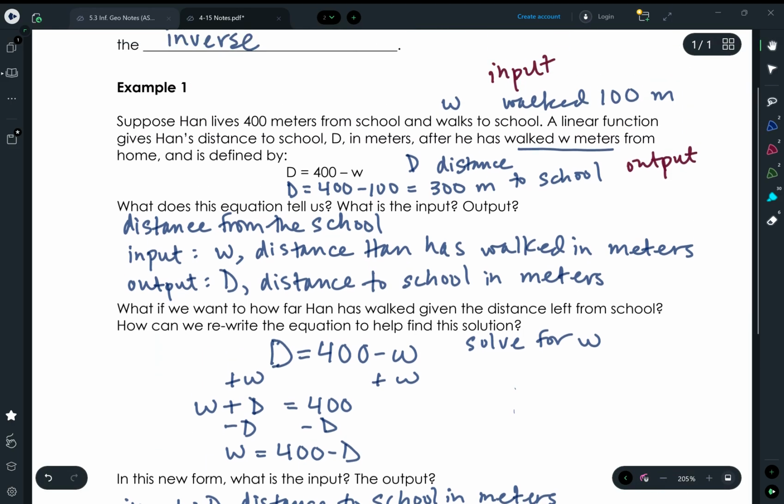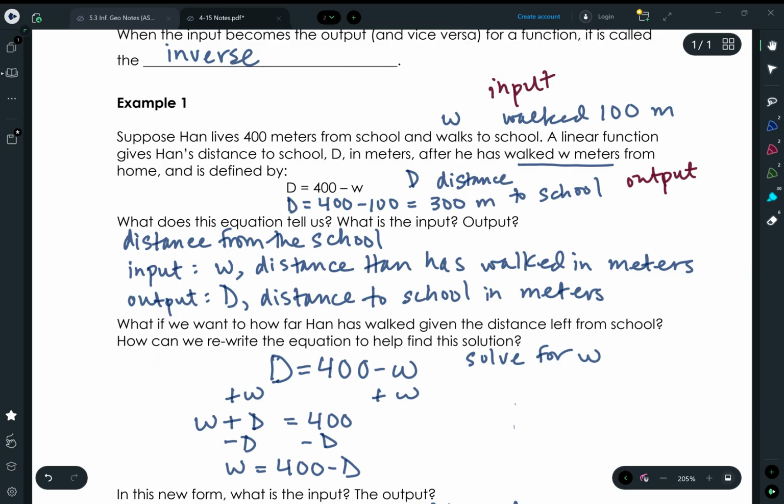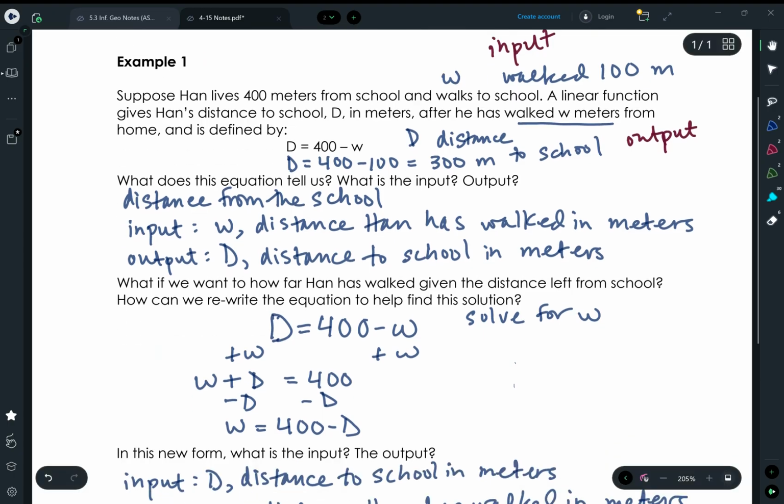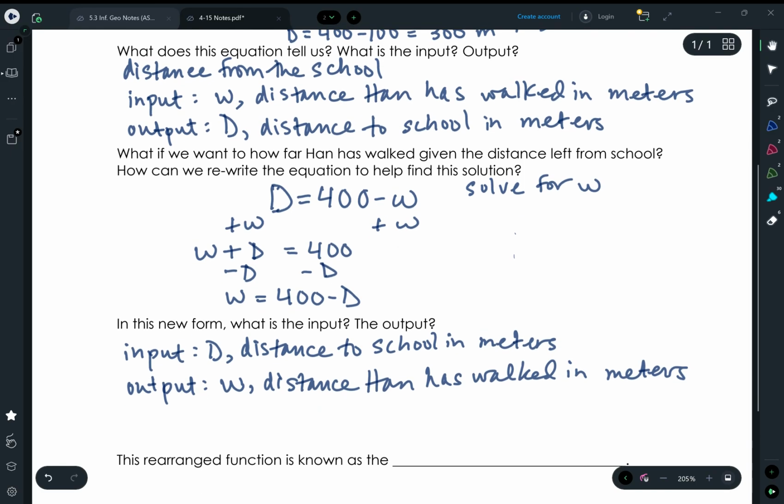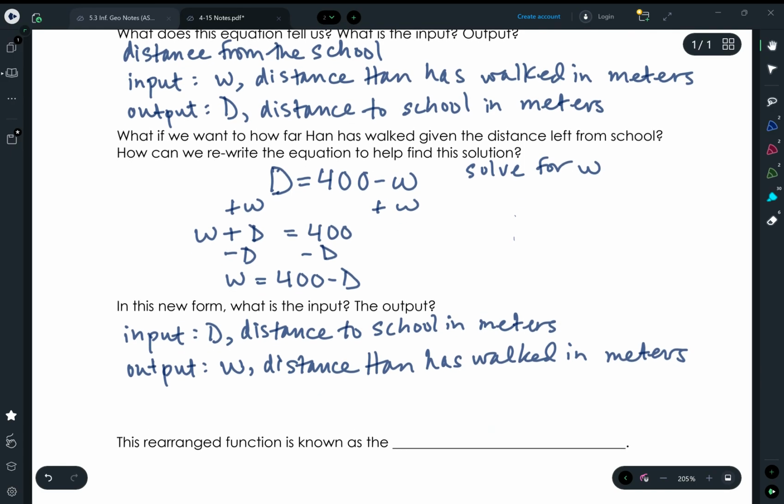So what I have done is taken this pretty simple equation with only two variables. I looked at the input and the output, and I said, wouldn't this be nice if it was solved and rearranged, so that instead of inputting W and getting D as an output, it was the other way around. So we rewrote our equation, we solved it for W, and now our inputs and outputs are swapped.